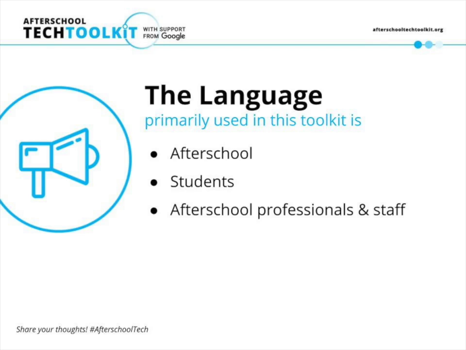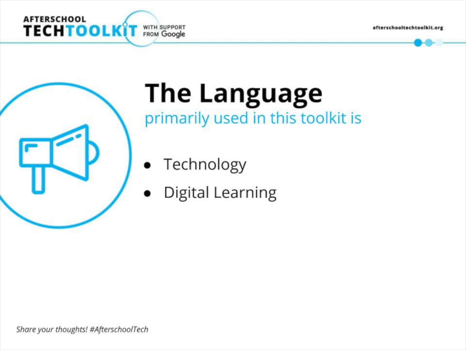After-school professionals and staff, which includes anyone working in your program, paid, volunteer, full-time, part-time, etc. We also talk about technology, meaning tools like computers, tablets, and other devices. But we also mean internet access, Wi-Fi, and software. When we say digital learning, we mean learning experiences that use technology to support or enhance them.